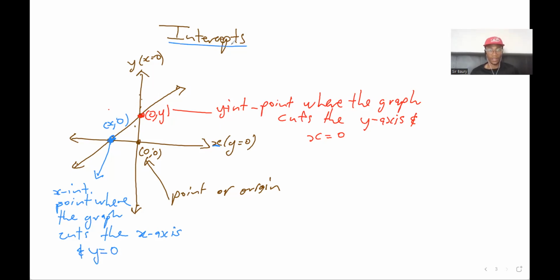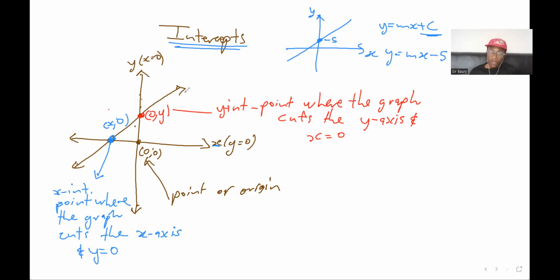So those are the intercepts. Say they tell us this point is -5. What does that mean? y is equal to mx plus c, so in the place of c you have the y-intercept. So y is equal to x minus 5. Those are the intercepts.